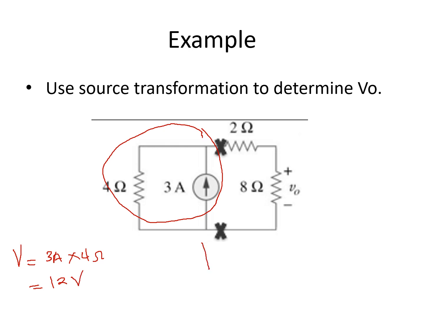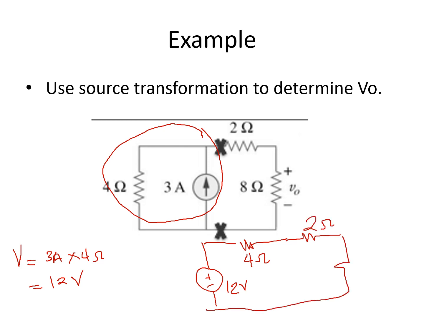So this is our 12 volts, this time in series with 4 ohms. And then we just copy the rest. So this is 2 and this is 8.